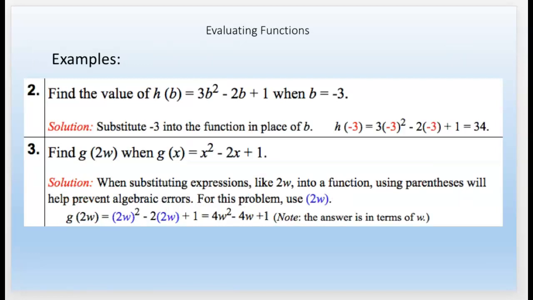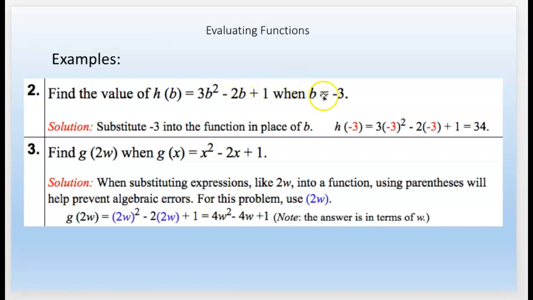Guys, these are quadratics. We're going to use some quadratics here today because we're going to be getting into quadratics quite a bit this trimester. The value of h of b here, it doesn't have to be f of x. This is saying a function called h, and b is the variable. Again, 3b squared minus 2b plus 1.